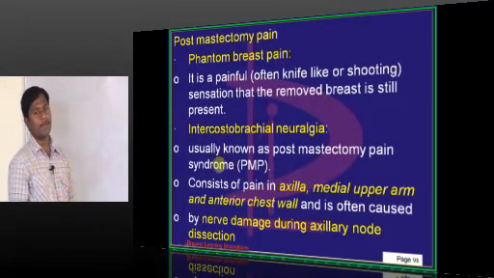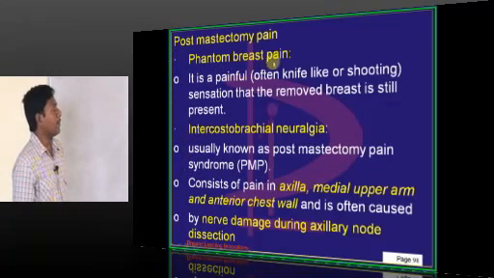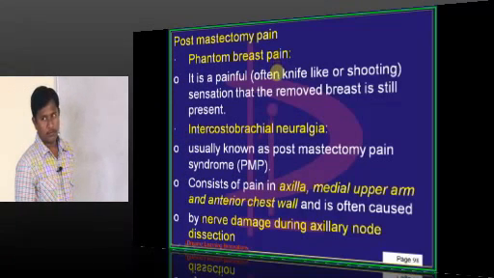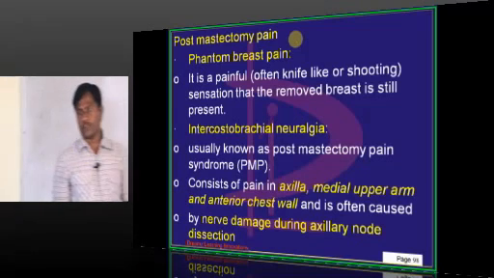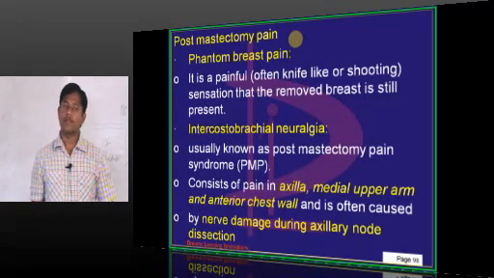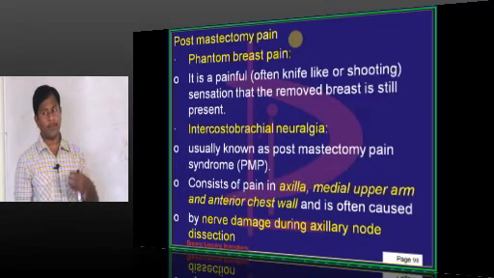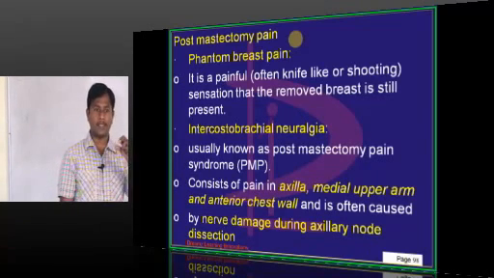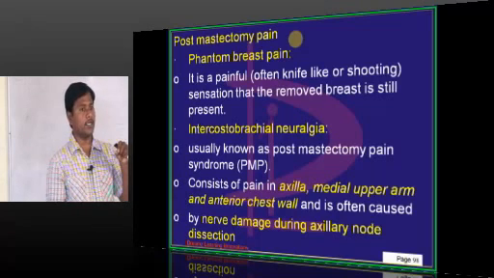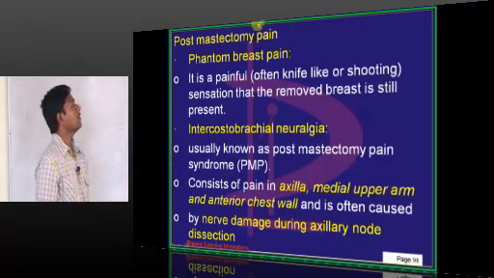Now, we have other types of breast pain also, phantom breast pain. What is phantom? False perception. Even though the patient does not have a breast, she will feel like the breast carcinoma is still there, that the mass is there, that pain is coming, a shooting or stabbing pain.